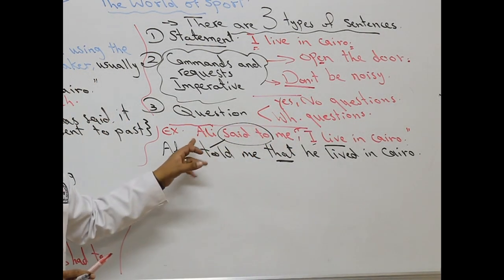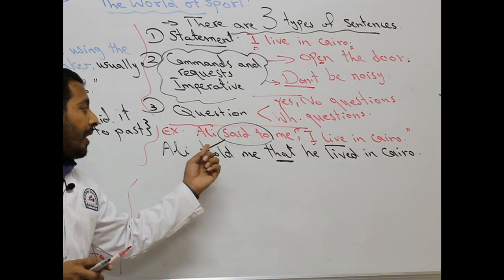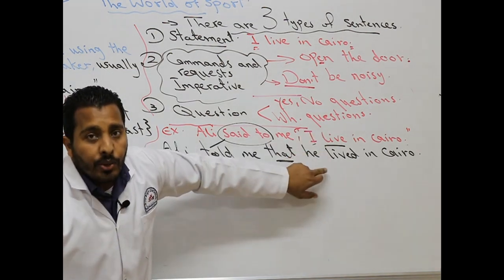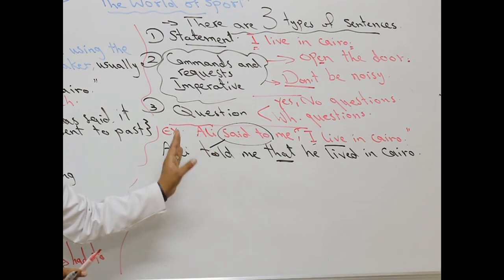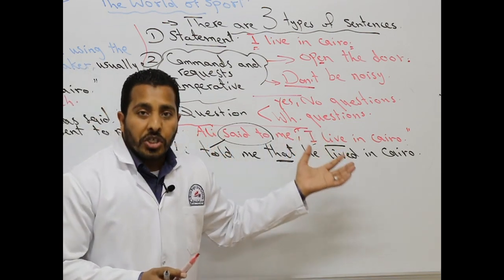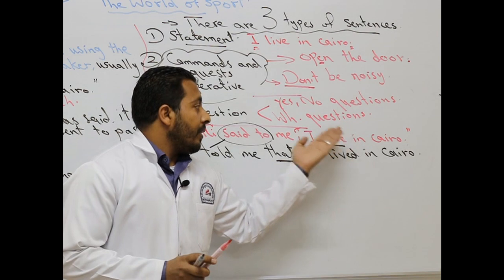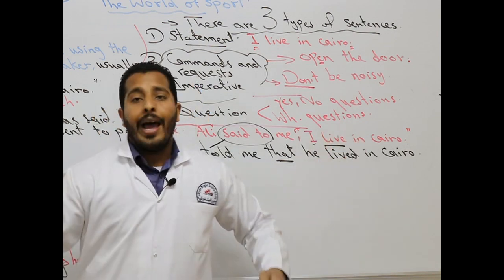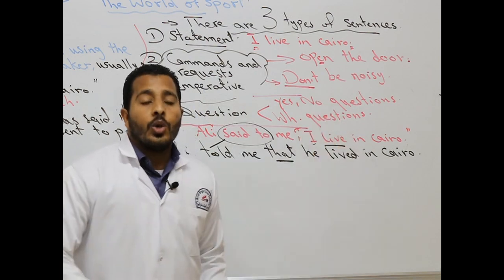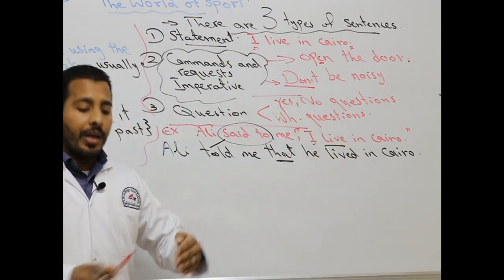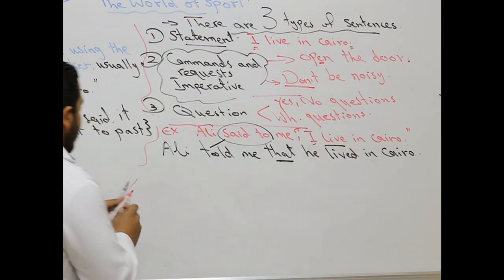If the speaker is, for example, Ali, we change I into he. If the speaker is a name for a girl or a woman, we change I into she. Identify the tense, تعرف على الزمن, and change it into the past. For example, the sentence is present, so we change the present simple into past one, past simple.